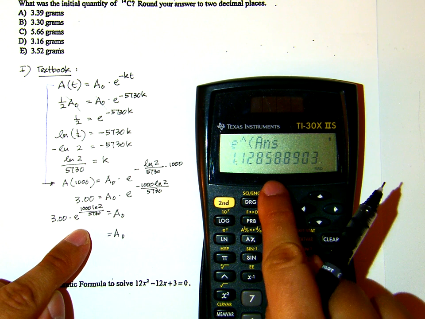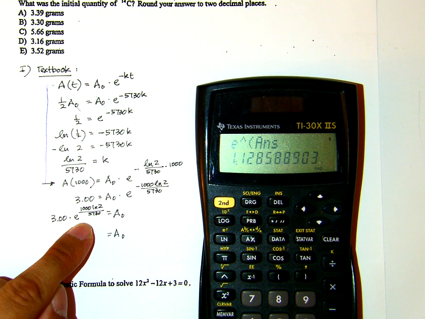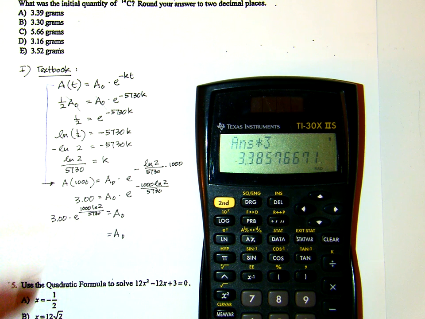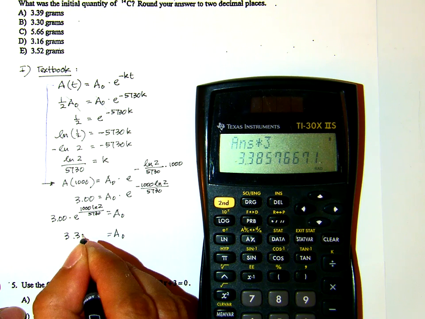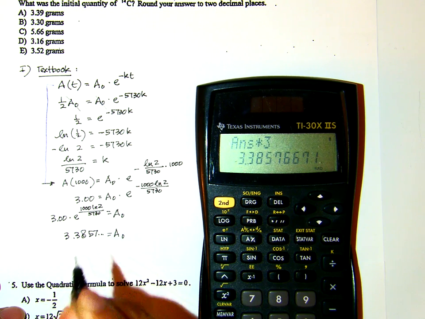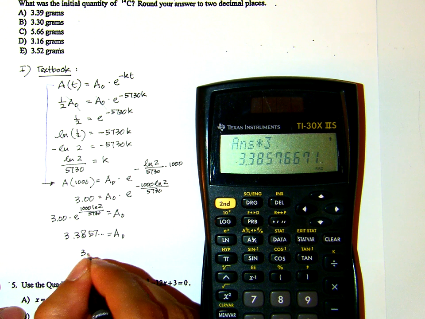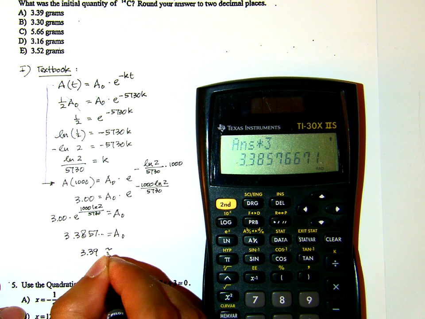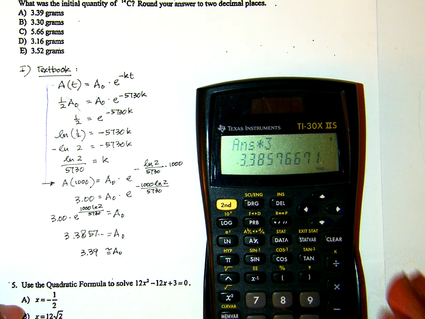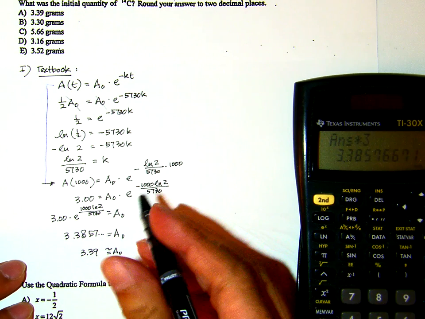So what we have right now is e to some power, times 3, and I get 3.38 dot dot dot, which if I round to 2 decimal places is 3.39.